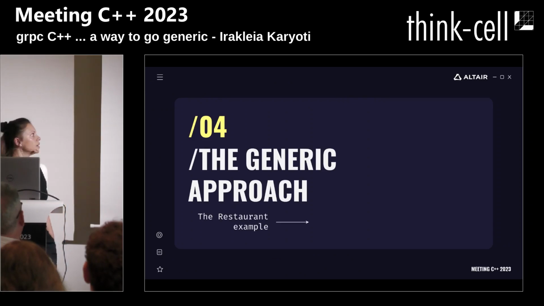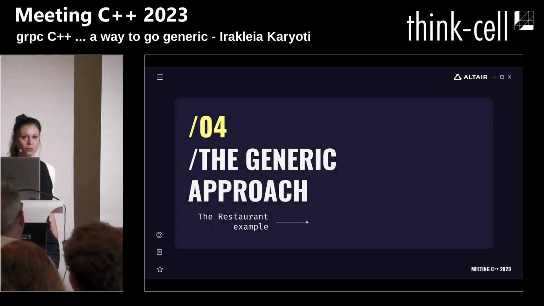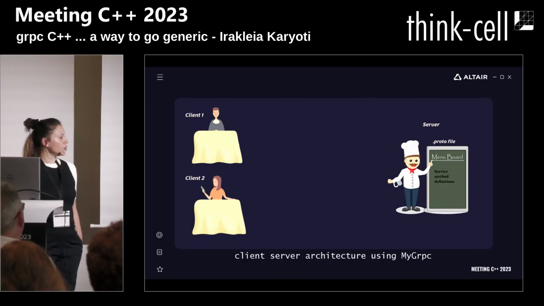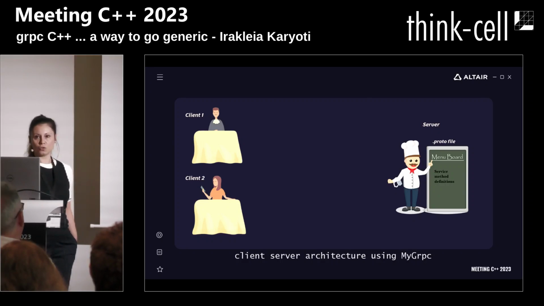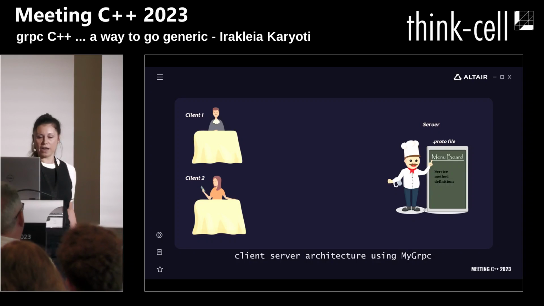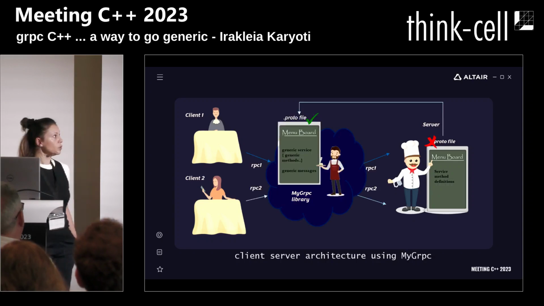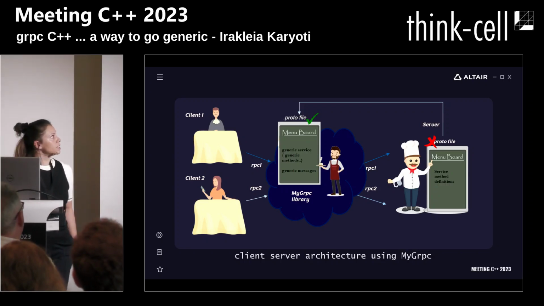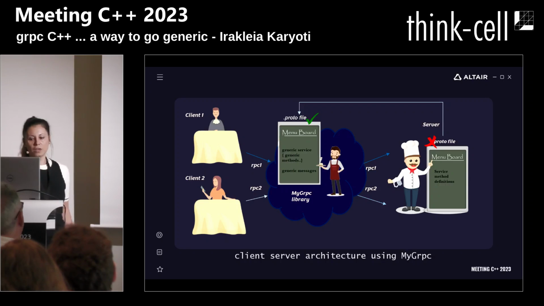So with that, we will move to a new approach, a more generic approach for the same example. Now we're going to see a client-server architecture using a new library named mygrpc. What we're going to do is move this .proto file from the server to around gRPC.